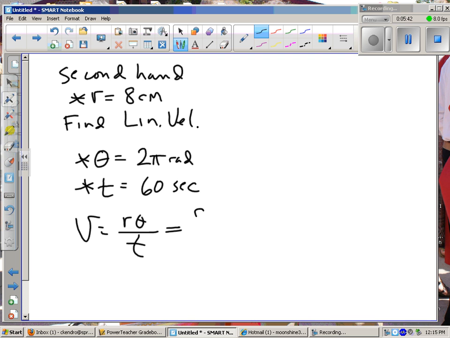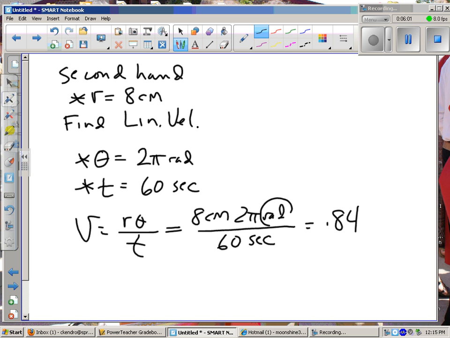Putting in what we have, 8 centimeters, theta is 2 pi radians, and time is 60 seconds. Multiplying out, you should get about 0.84. Now the question is, what do we label this? Radians is kind of a strange label. It really isn't part of the label unless it's the only thing there. So for this one, we're going to do centimeters per second.